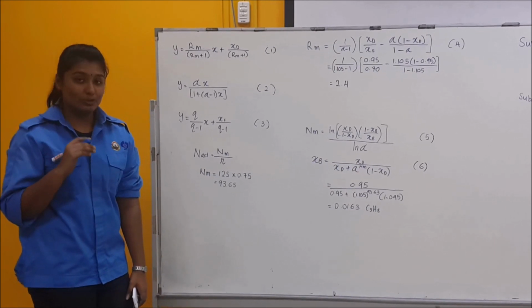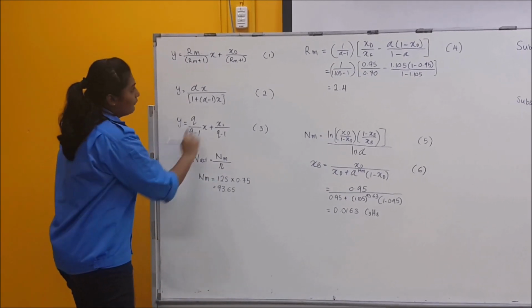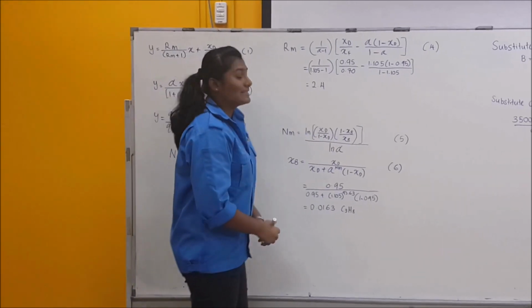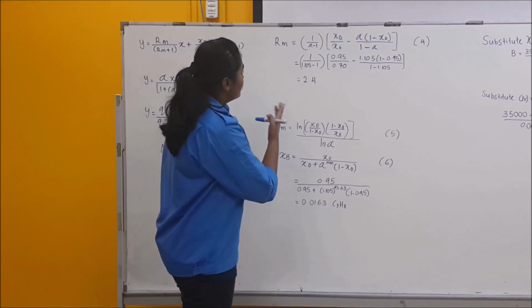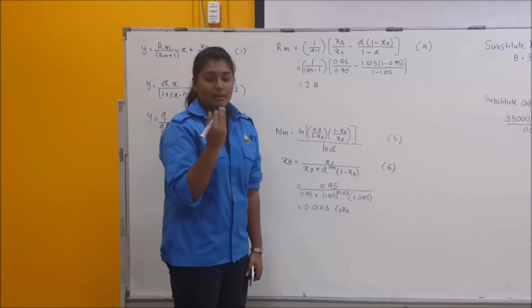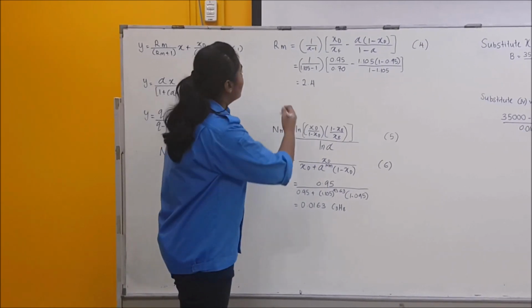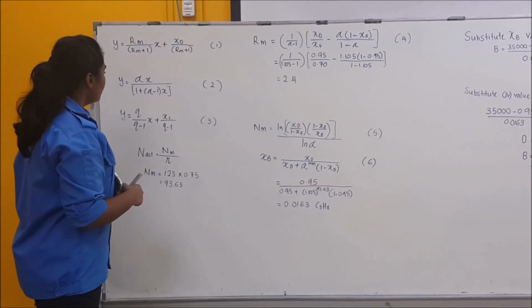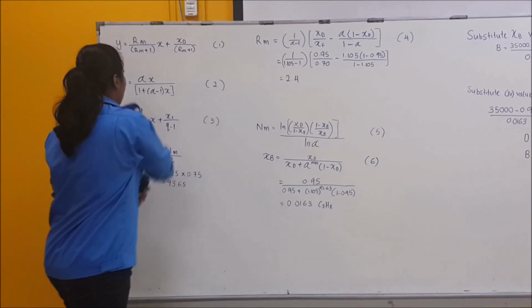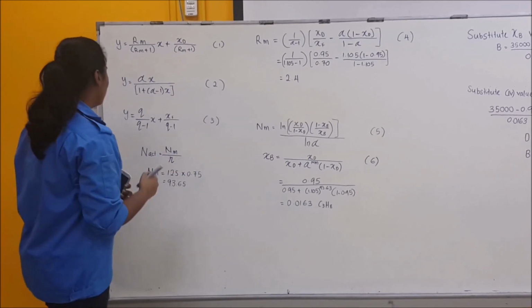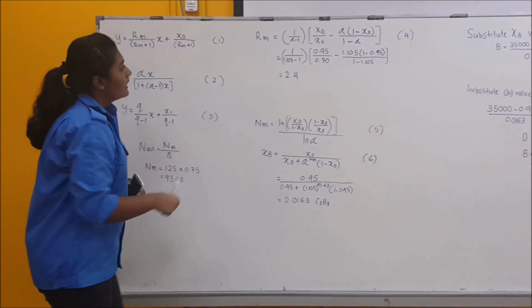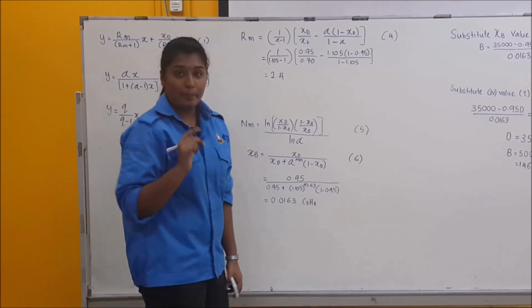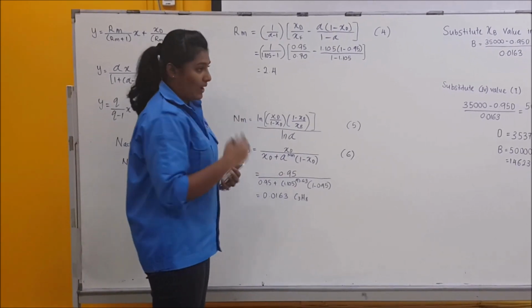If we combine all these three equations, we can eliminate x and y. Since the feed enters at its boiling point, q will be equal to 1.